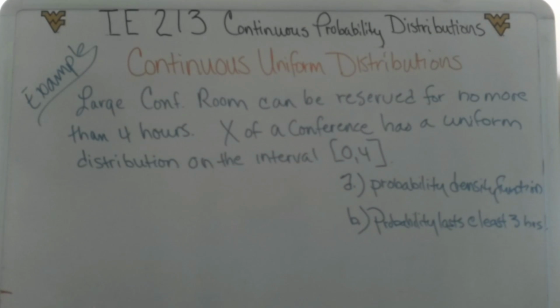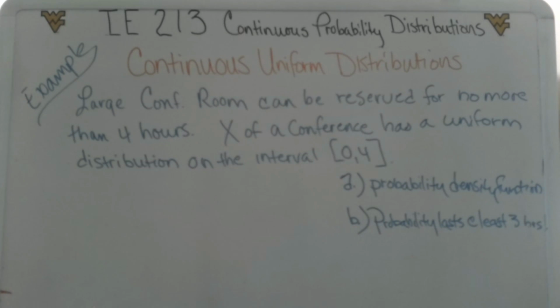Okay, let's look at this problem. We have a large conference room at a certain company that can be reserved for no more than 4 hours. So both long and short conferences occur quite often. In fact, it can be assumed that the length X of a conference has a uniform distribution on the interval 0 to 4.